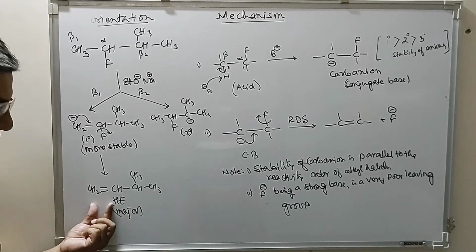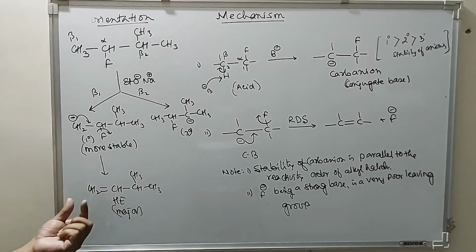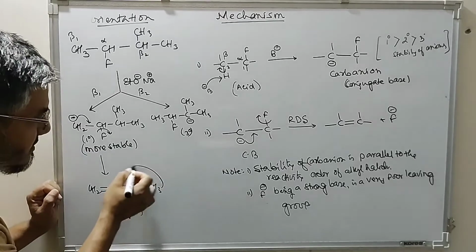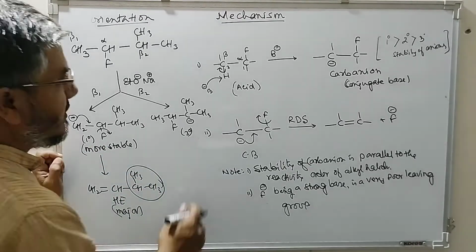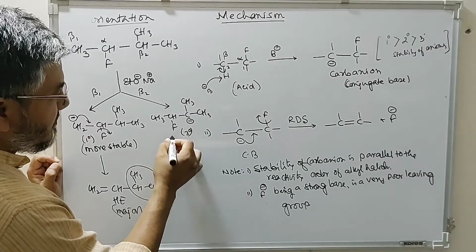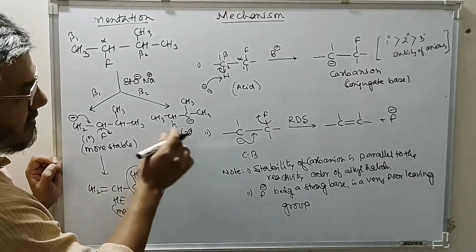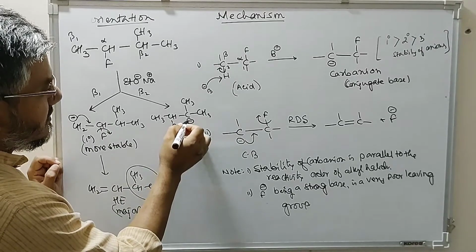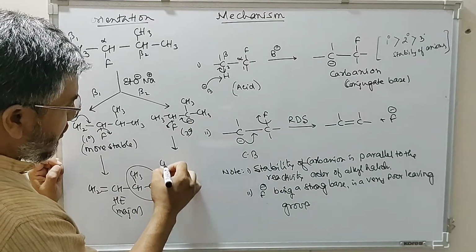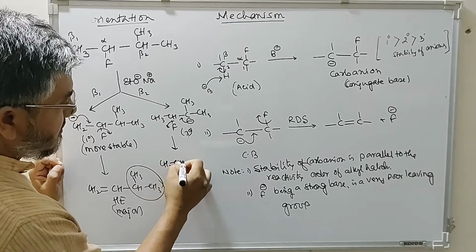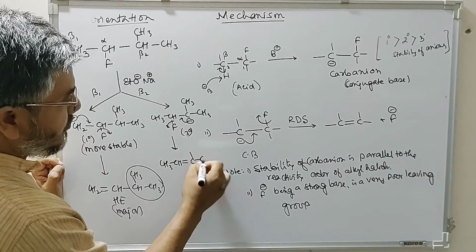This product is the Hofmann product. We have only one alkyl substitution here. On the other hand, if the elimination is from the less stable tertiary carbanion, this will give you the Saytzeff product, which forms in a small amount.